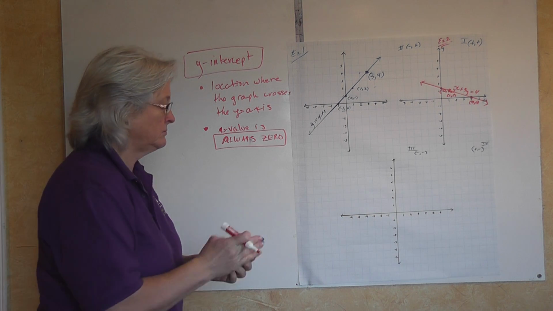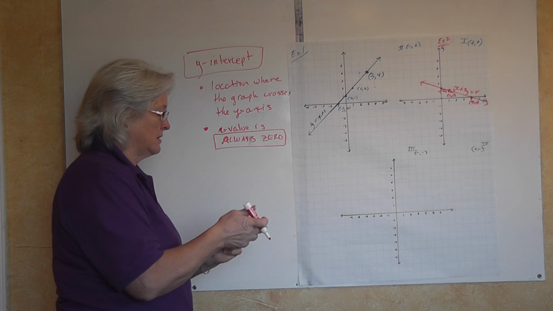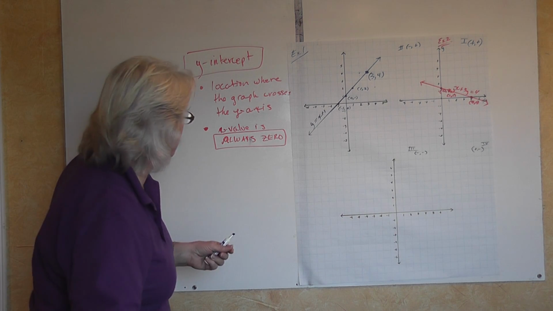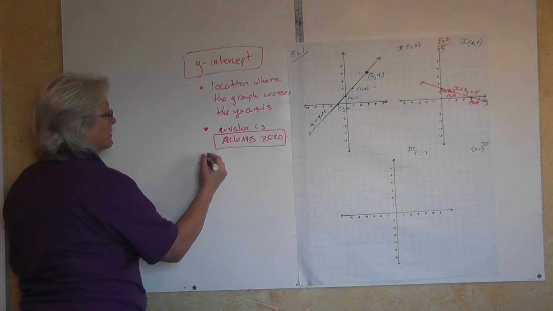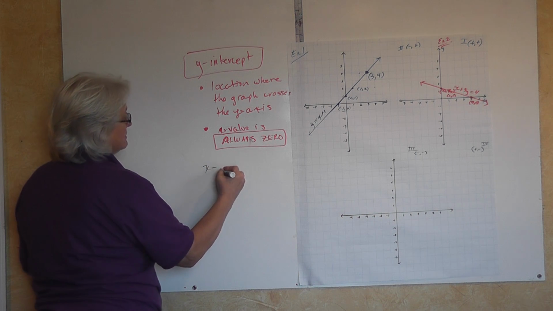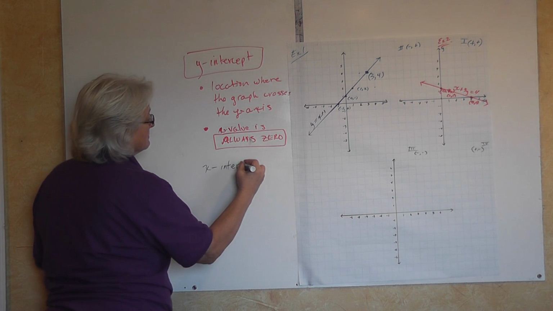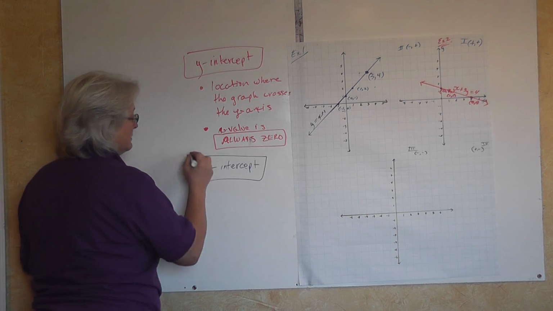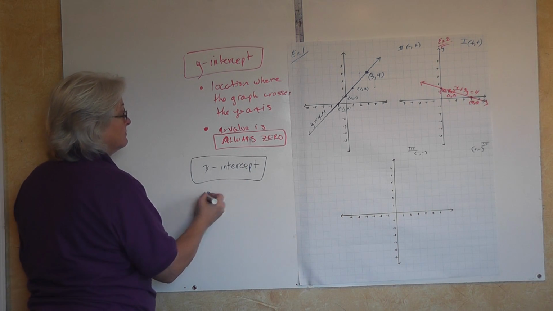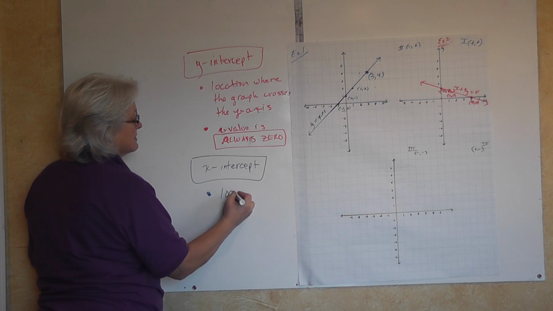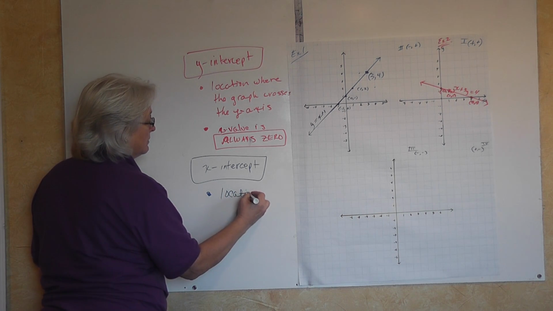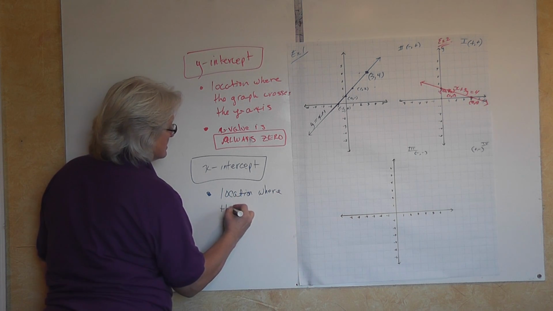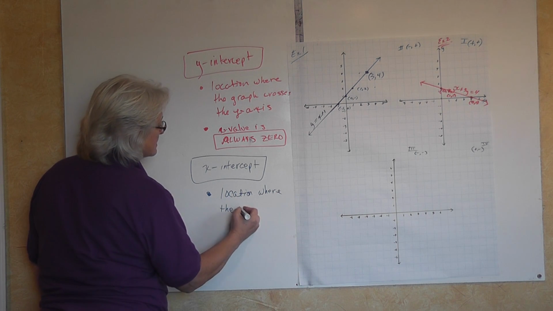Now, if we have the x-intercept that we want to talk about, you can already look at this example, look at these definitions that I have up here, and tell me what these 2 points are going to be, can't you? Well, of course, the x-intercept is going to be the location where the graph of the line crosses the x-axis.